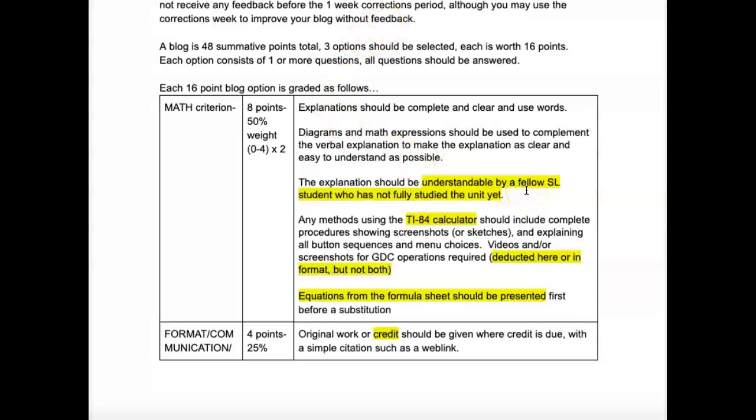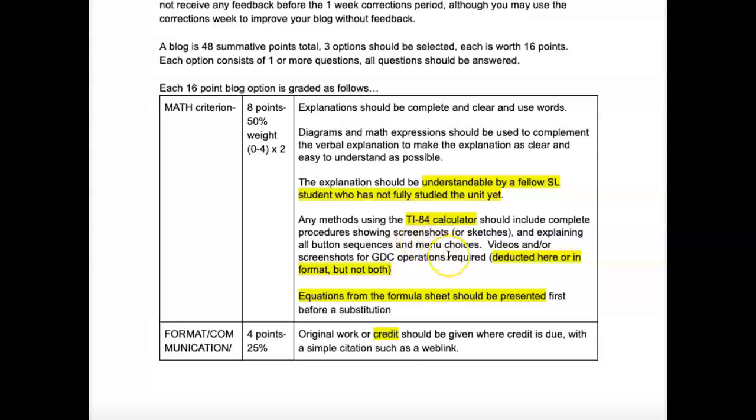The way you explain the problem should be written at a level that one of your classmates who hasn't studied the unit yet could understand. It should be sufficiently detailed and written in a sufficiently easy way. No prize for writing in a high-handed way.